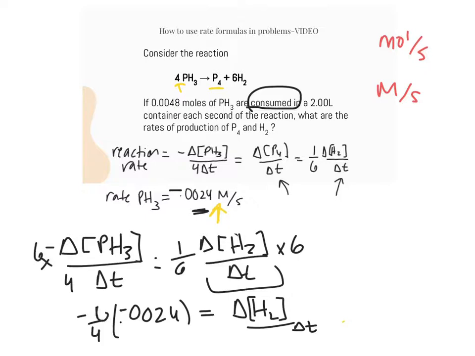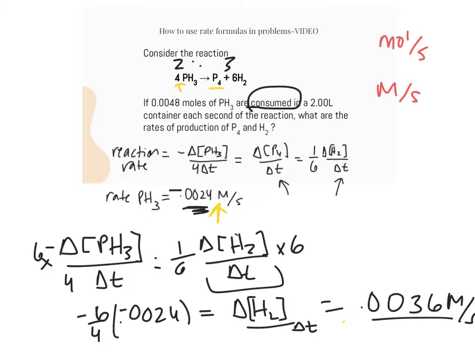So we're going to have negative 6/4, which is like 3/2. So we add on a 0.0024, should be equal to 0.0036 molarity per second. And let's double check. This should be faster than this, at a rate of 2 to 3 if we simplify the 4 to 6.